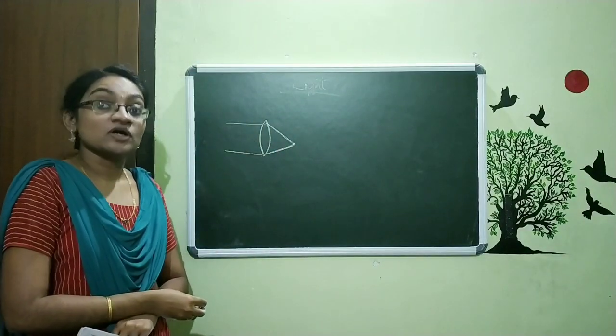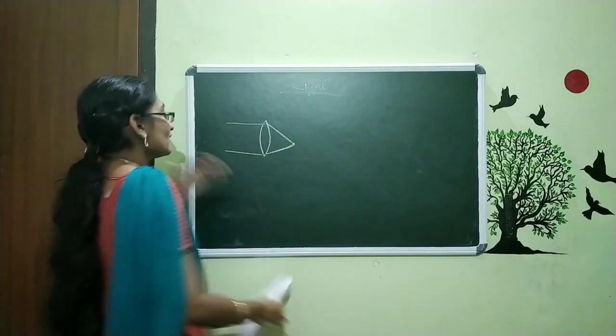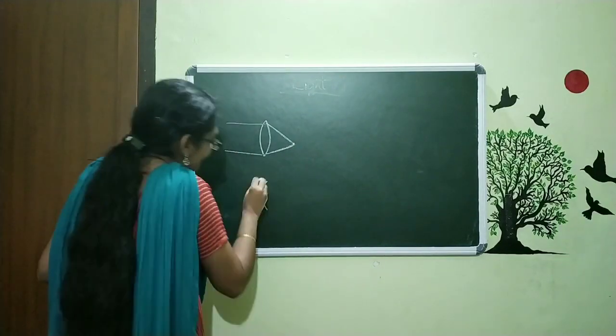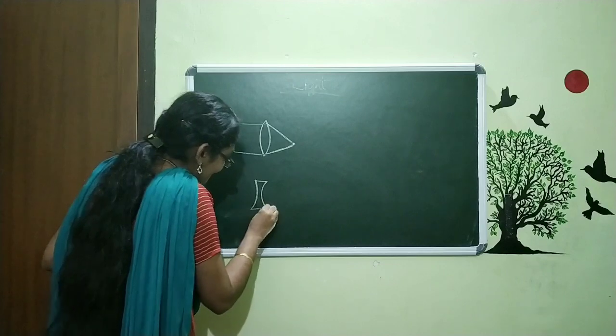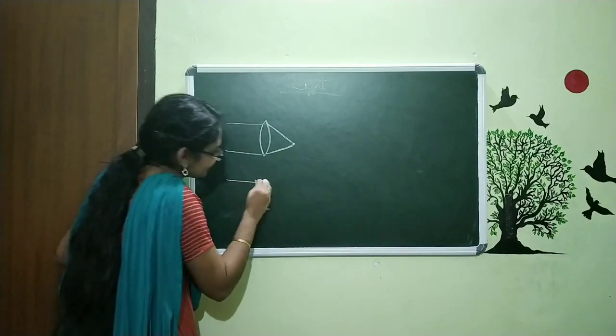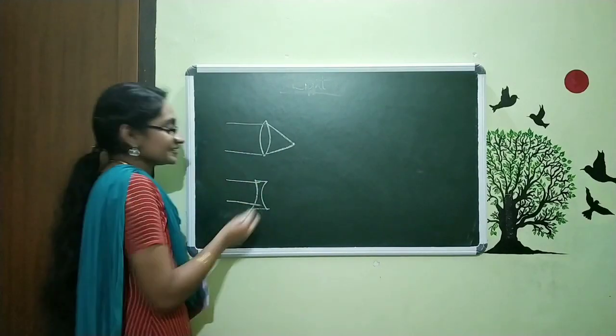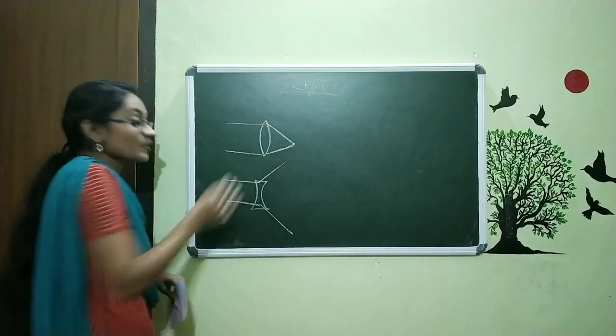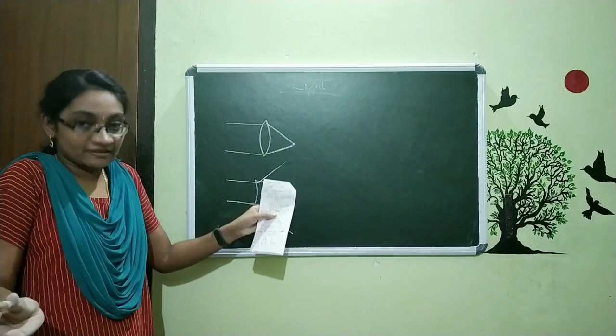This is about our convex lens. And for the concave lens, the light is coming, but they are not focusing to a point, they are going away, they are spreading away.